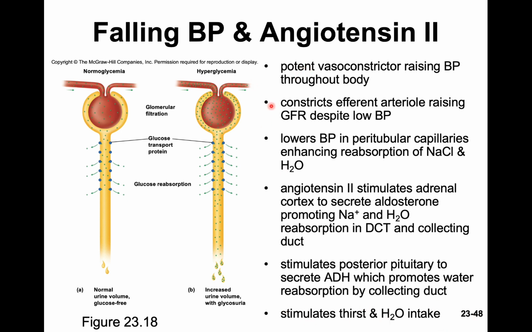Now look through all 6 of these bullet points. I'm going to give you maybe 10, 15 seconds. Look through all 6 of these bullet points and tell me which one of these seems like it's doing the opposite of what the purpose of angiotensin is. Remember, all of this is happening because your blood pressure dropped. So the whole point of all of this would be to increase your blood pressure.